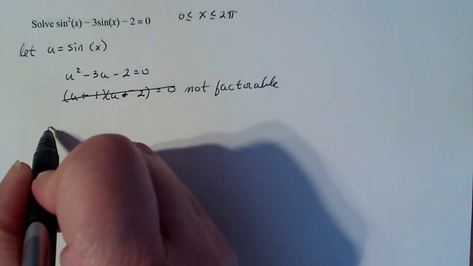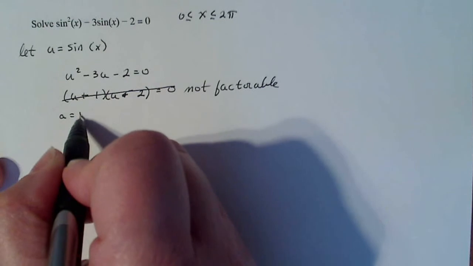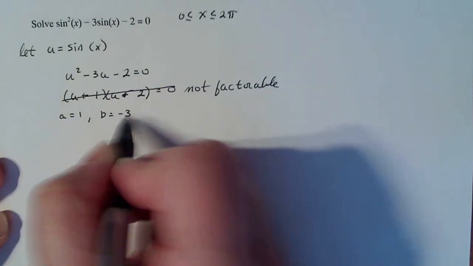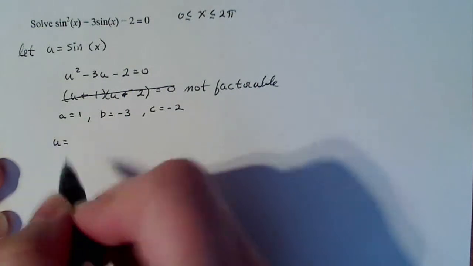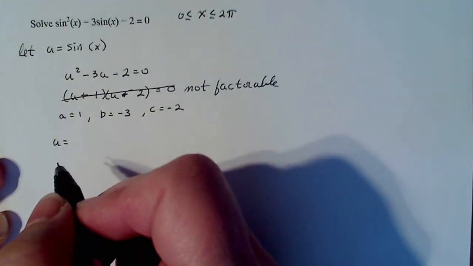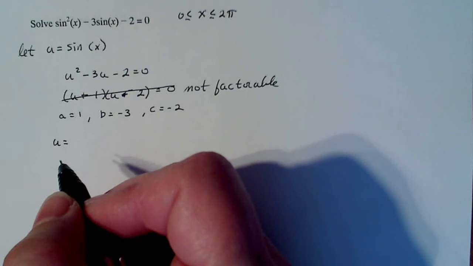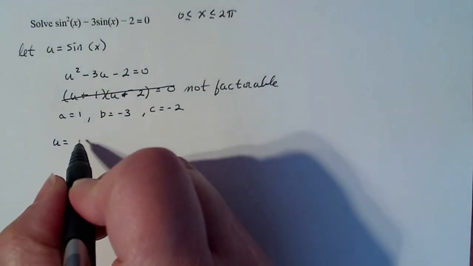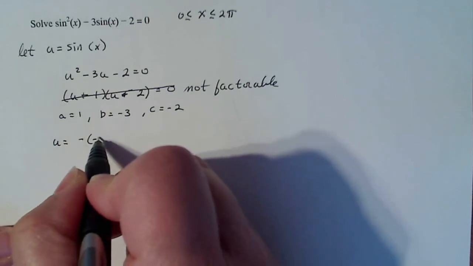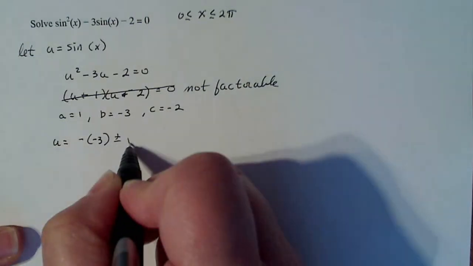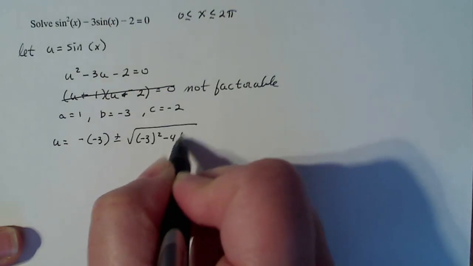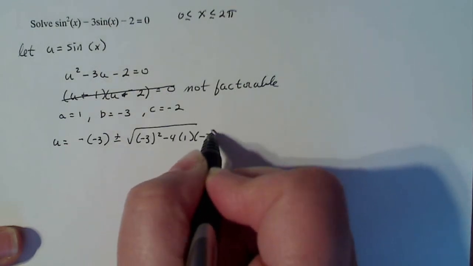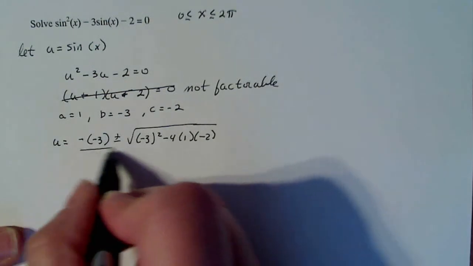So I do the quadratic formula. A is equal to 1, B is equal to minus 3, C is equal to minus 2. If you don't know the quadratic formula, just Google it. So the quadratic formula says I'm going to take negative b plus or minus the square root of b squared minus 4 times a times c, the whole thing over 2a.